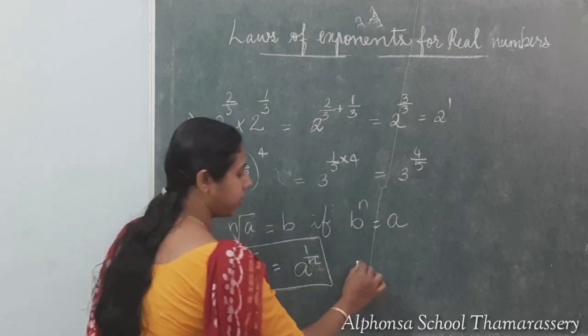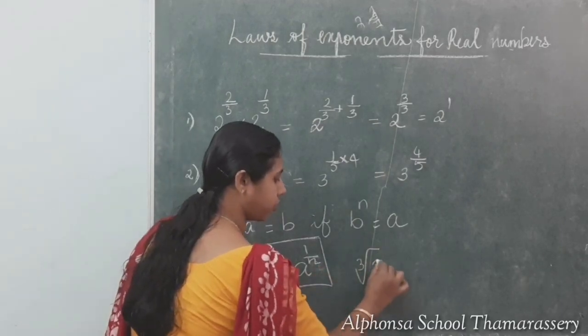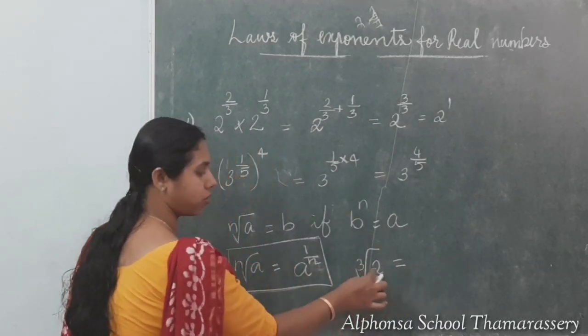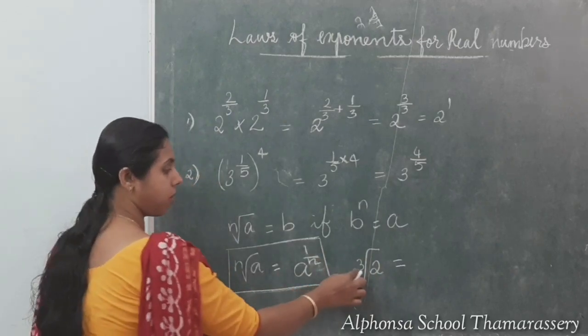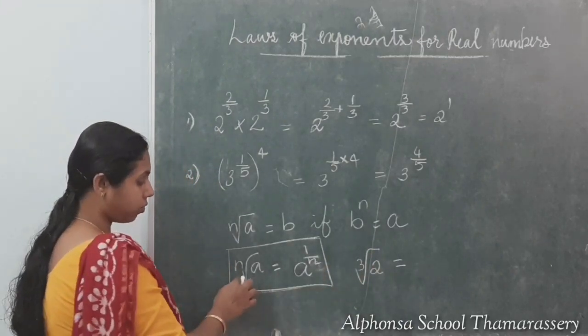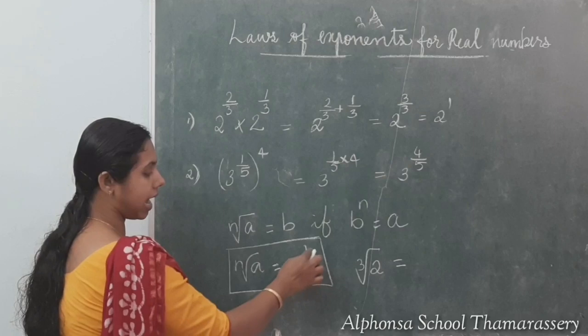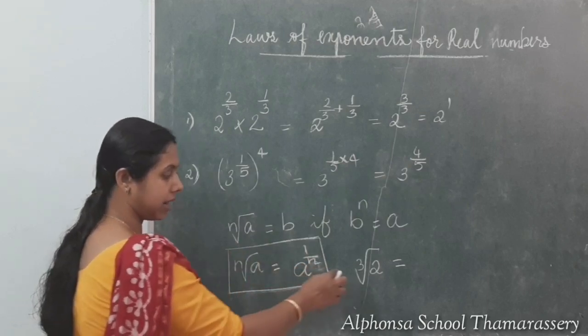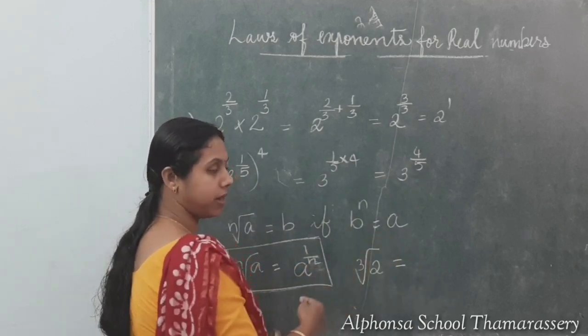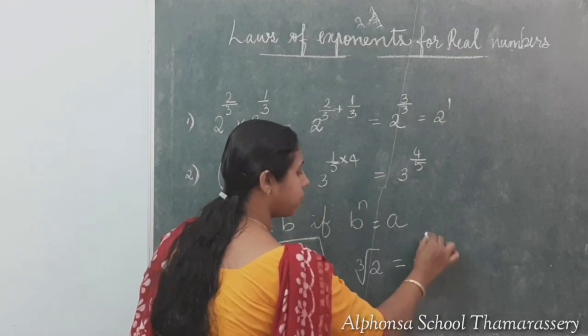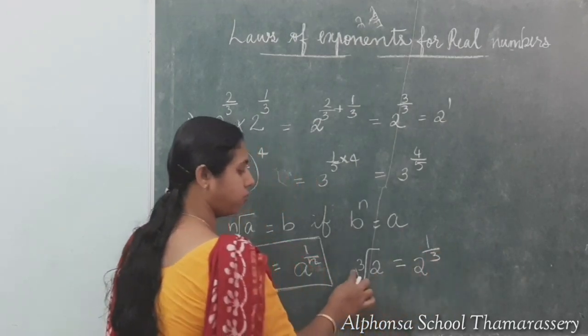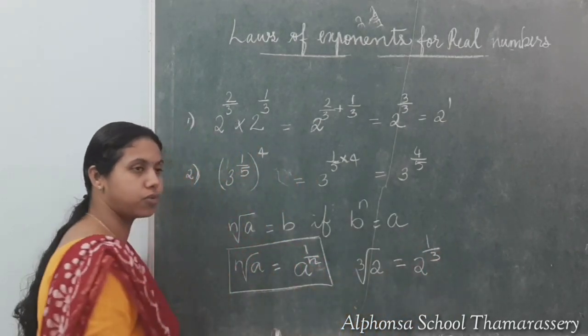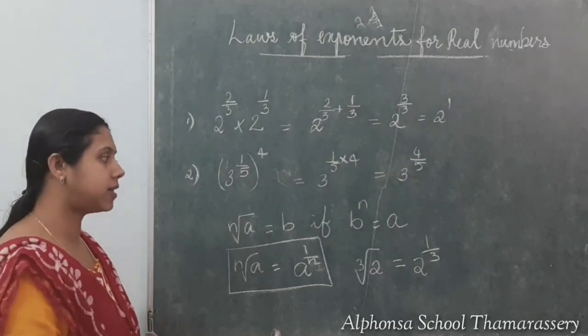Suppose, for example, cube root of 2. It is in the form of nth root of a, which we can write as a raised to 1 by n. Similarly, cube root of 2 means 2 raised to 1 by 3.